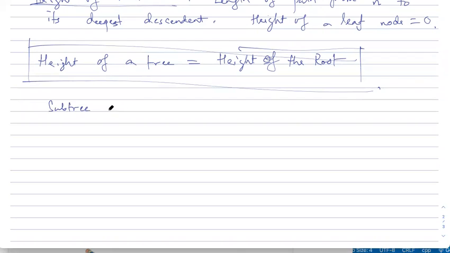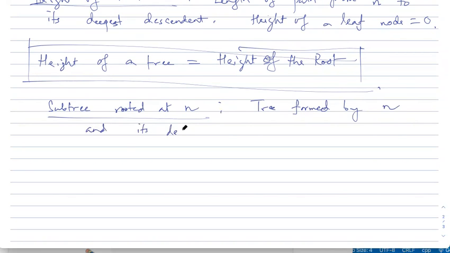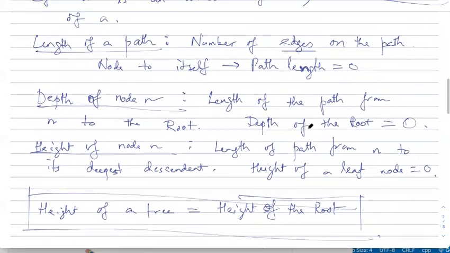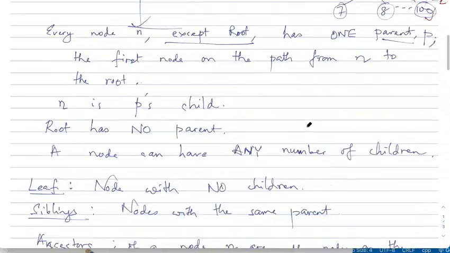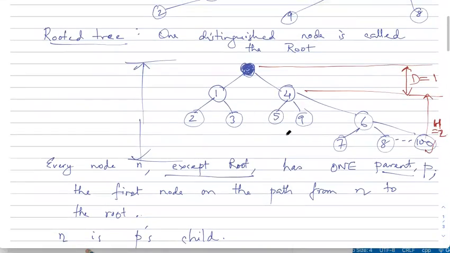Subtree rooted at n is a tree formed by n and its descendants. Okay, let's look at here.